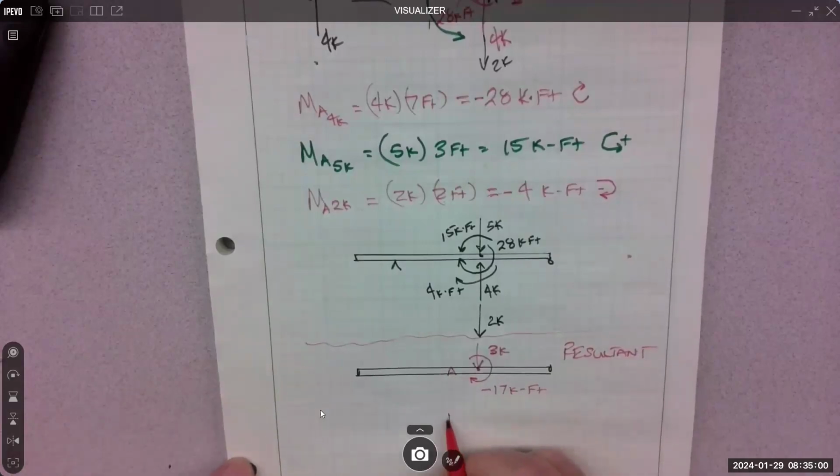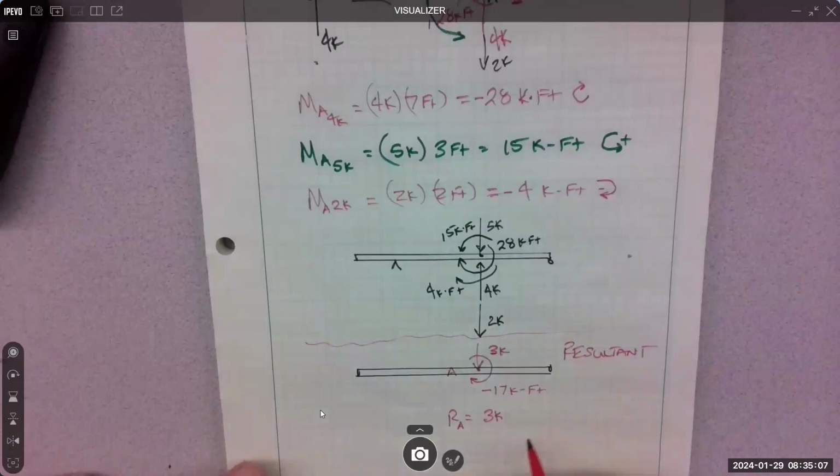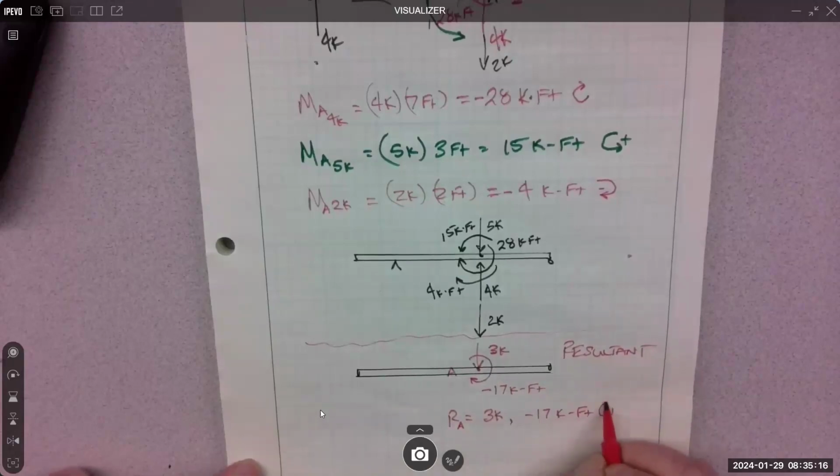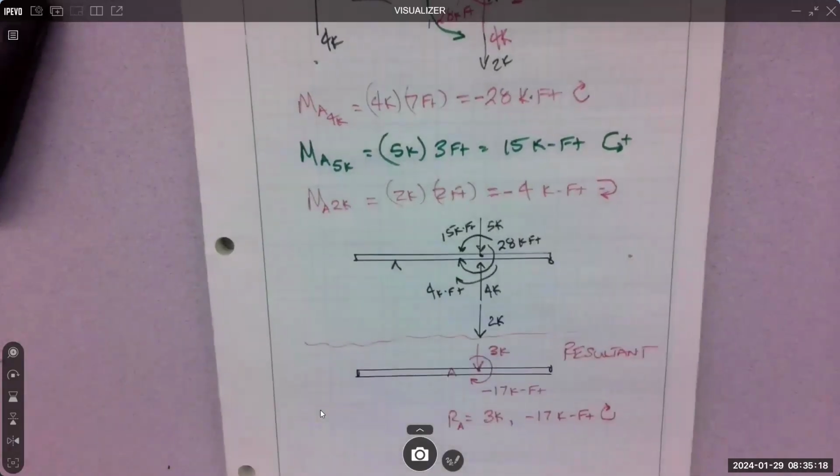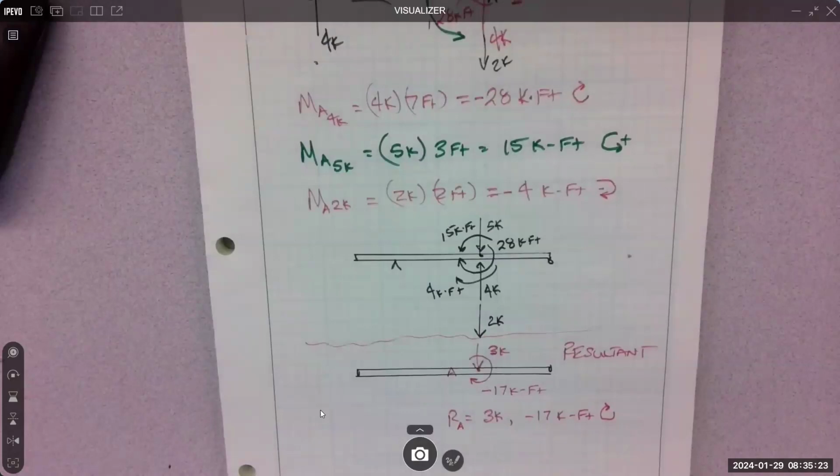The resultant would be 3K. It's at point A. And it has a -17 kip feet rotation. So it is a force and a moment at A. Sometimes we don't have a specific point, we just want to know where the resultant is.